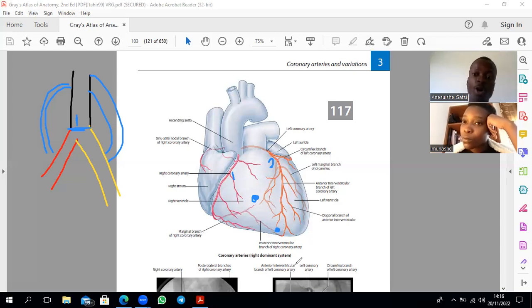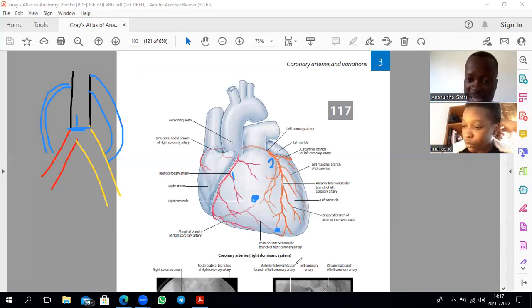So if you're going to block your right coronary artery, the left will not help. Though they're joining, it's never going to help. That's why we call them functional end arteries. Then there's another term which is anatomic end artery.